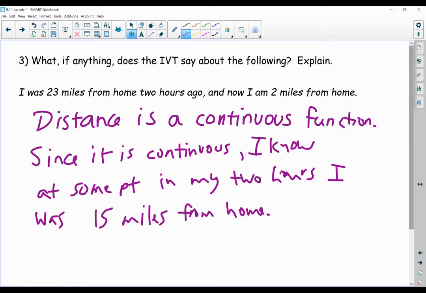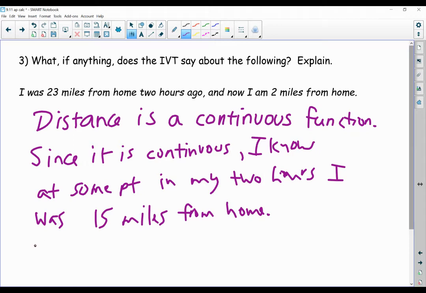So since distance is a continuous function, I know that at some point in my 2 hours, I was exactly 15 miles from home. I could actually say I was exactly 22 miles from home, 21 miles from home, 20 miles from home. I can guarantee any mileage between 2 and 23.